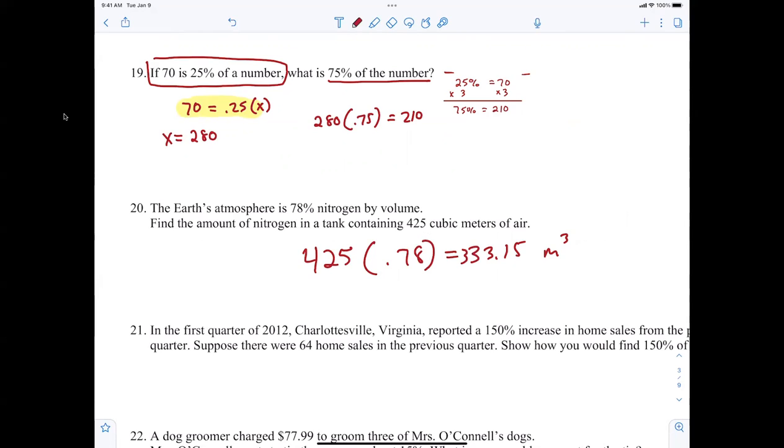Oh, 331. Did you get that, James? 331.5? Yeah, multiply that, make sure that's correct. No, when you do it's 331, yeah, that's it. 331.5. That's it. All right. Thank you, Charlotte. Is that right, James? Okay.